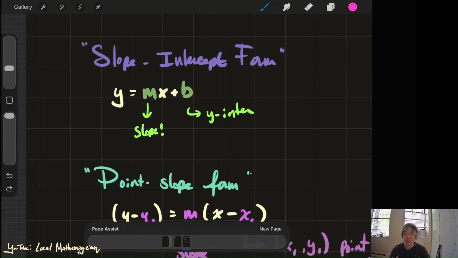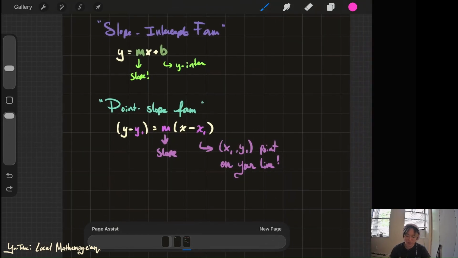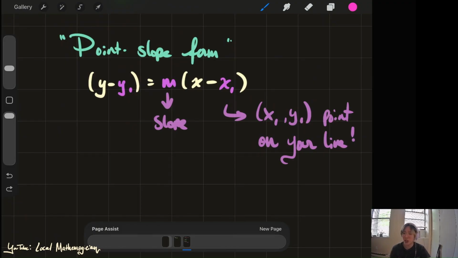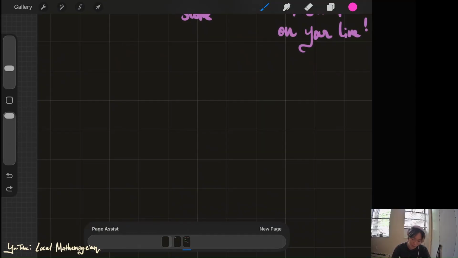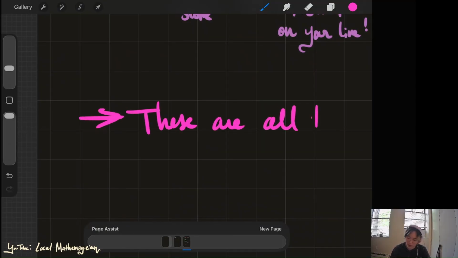Slope-intercept is nice because you look at a graph and quickly figure out the slope. You can see the intercept, all your problems go away. This is the most common form people use. Point-slope form is nice when you have a point and a slope and you don't feel like doing other work. But at the end of the day, these are all the same.